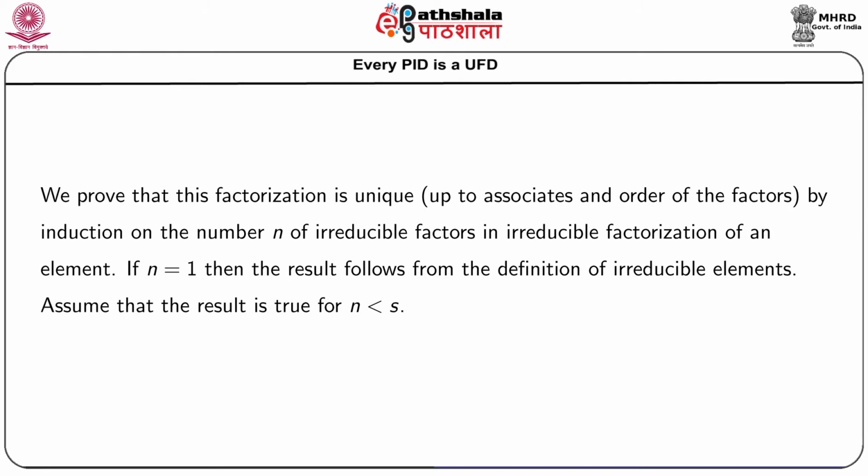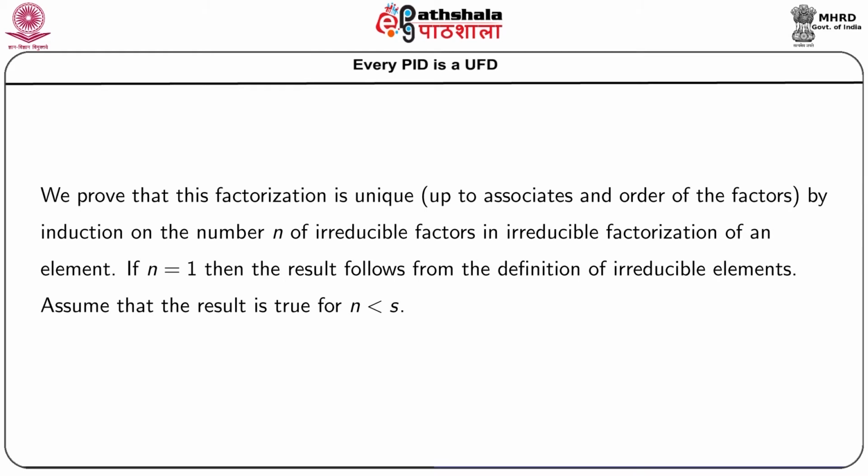Now, it is given that every irreducible element in D is prime. So, since Ps is irreducible, it is prime, and Ps divides Q1, Q2 up to Qt, and since Ps is prime, this implies that Ps divides some Qi, which we may assume to be Qt upon rearrangement.